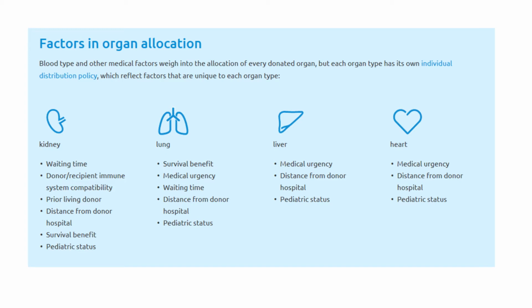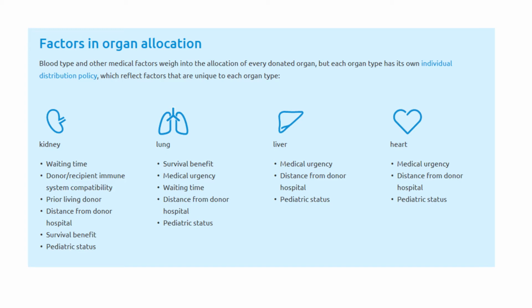Distance from the donor hospital, and your survival benefit: how likely are you to survive when you receive this kidney? Or do you have all these other comorbidities and your outcome isn't even sure, even if you get the kidney? Then you may not get this one. And obviously pediatric status trumps, so kids would be moved way up the list to get a kid's kidney.